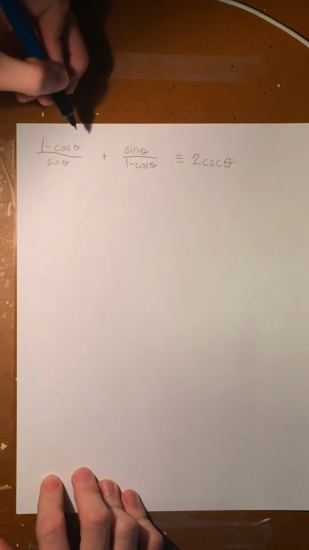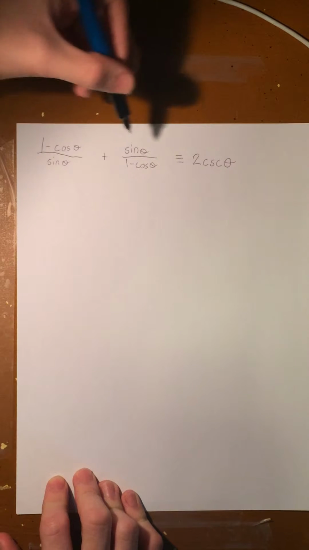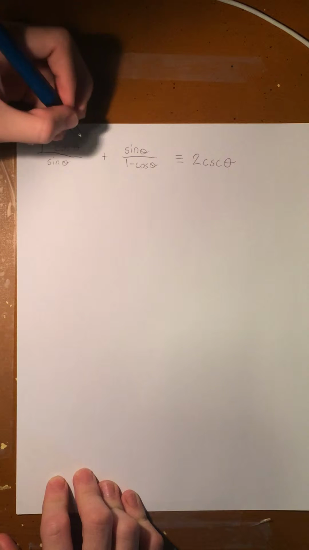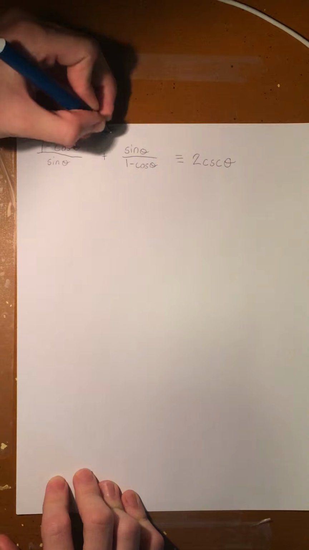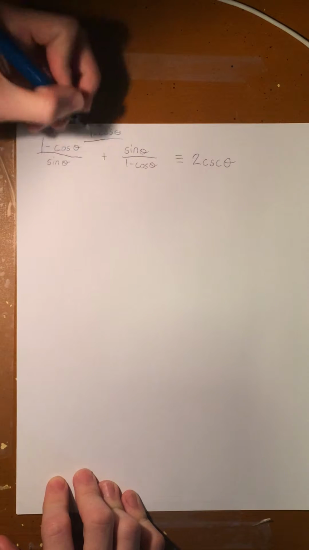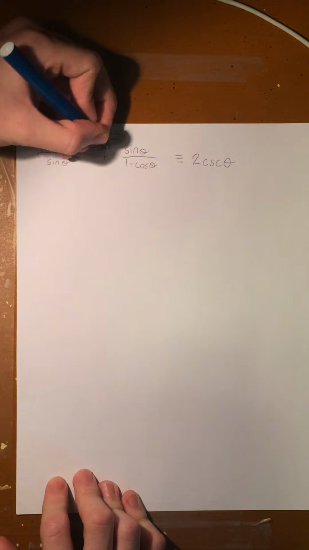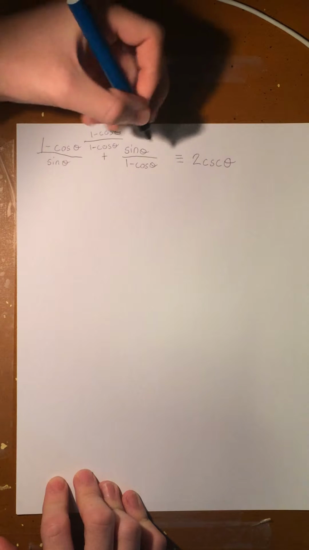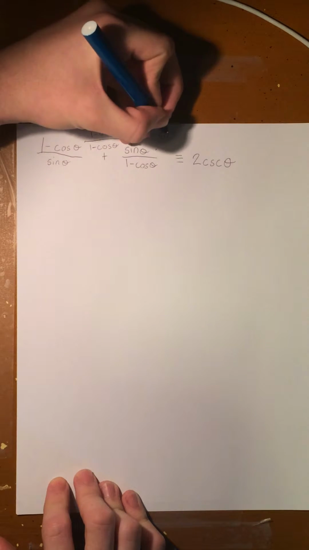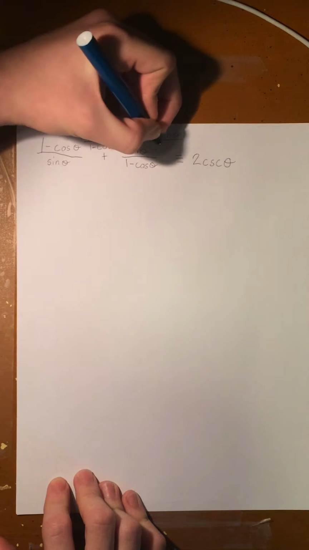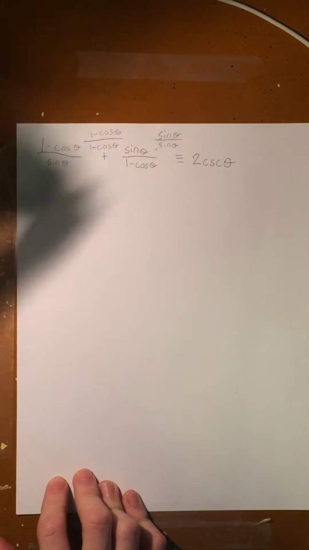We have to combine these two, but in order to do so they must have the same denominator. Therefore we're going to multiply this side by (1 minus cosine of theta) over (1 minus cosine of theta), which is essentially 1, and we're going to multiply this part by sine of theta over sine of theta.